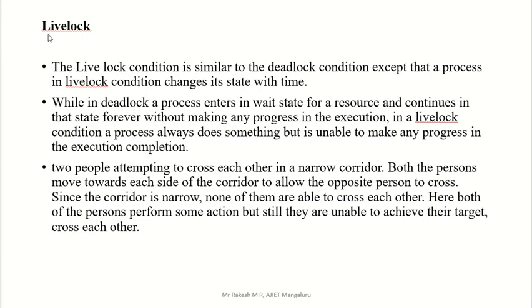This is called livelock. But in the deadlock, they are not doing anything. They just stay in whatever position they have. So there is no change in the state. But here they are trying, they are doing some actions, and still they can't go to the other side. So that is called livelock.